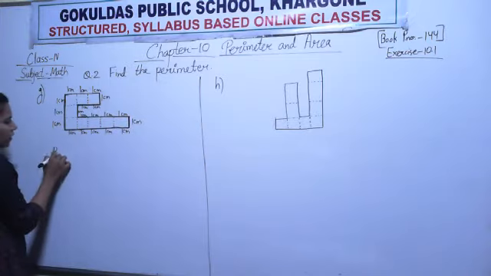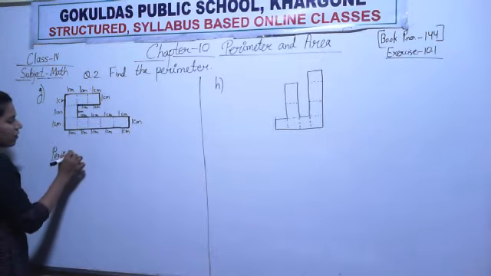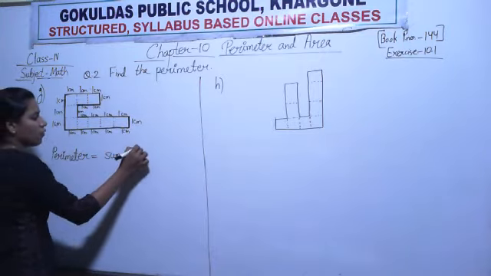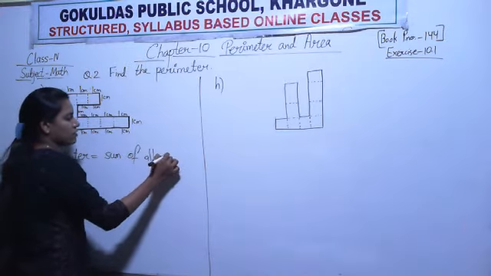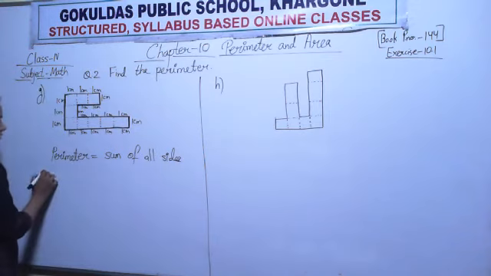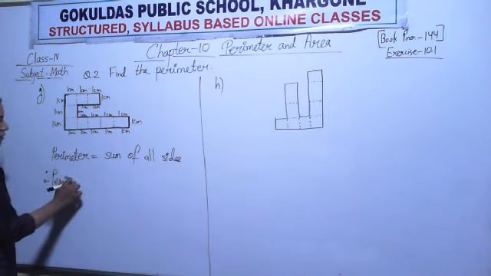Now you want to find the perimeter, and what is the formula? Perimeter is equal to the sum of all sides, right? It is the formula. Therefore, find the total.